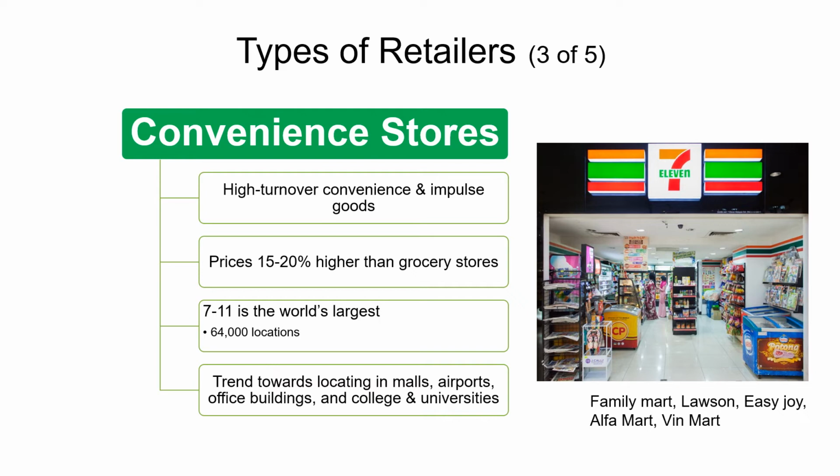In the United States, for example, a typical 7-Eleven occupies 3,000 square feet. Typically, convenience stores are located in high traffic locations and offer extended service hours to accommodate commuters, students, and other highly mobile customers.